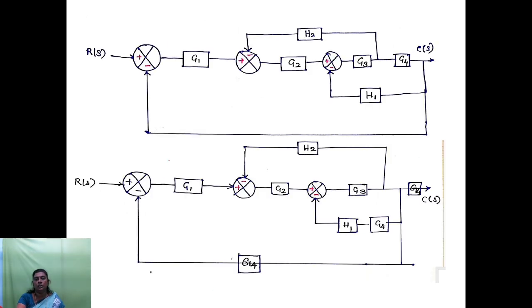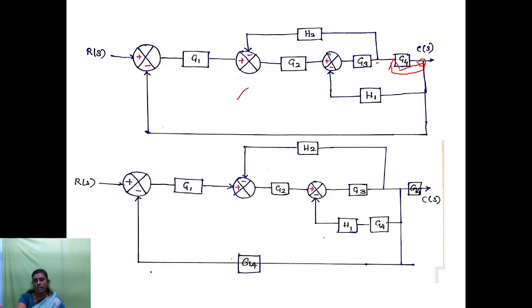So this is the given system. In the first step, I am going to shift this pickoff point to the left hand side of the block. You can see here I have shifted this point to here.